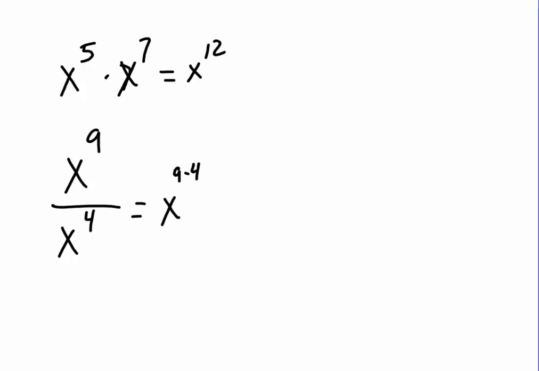And you make sure you do that because we're going to be talking about situations where the bottom one is bigger later on. In fact, I'm going to do one or two of them here in this video. So this is equal to x to the fifth.